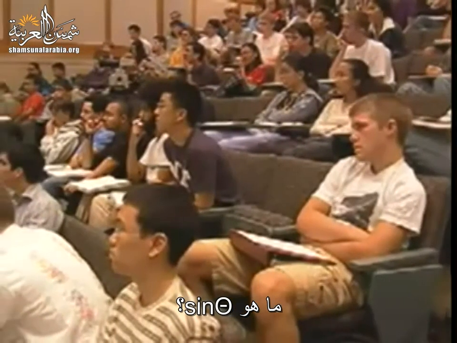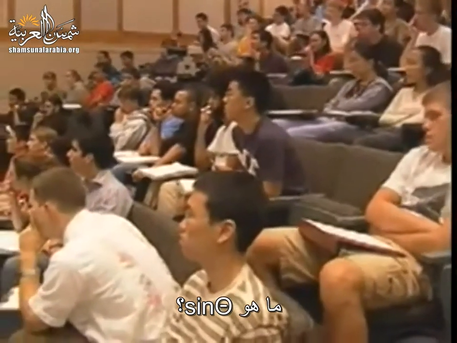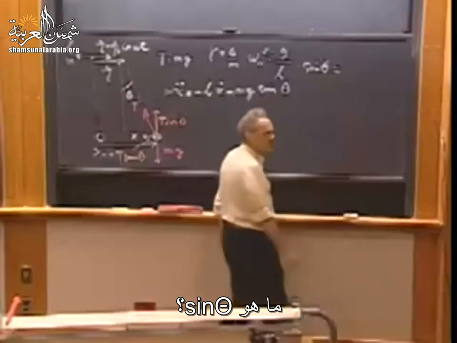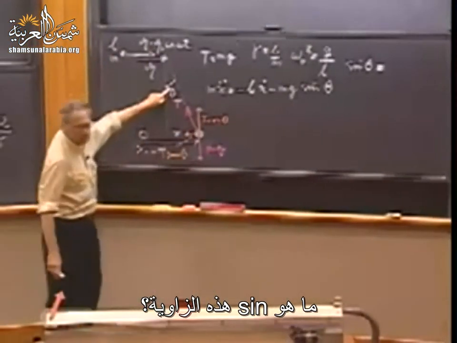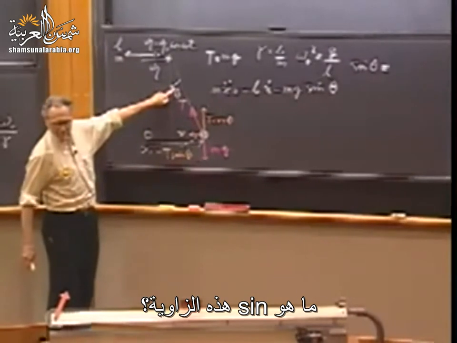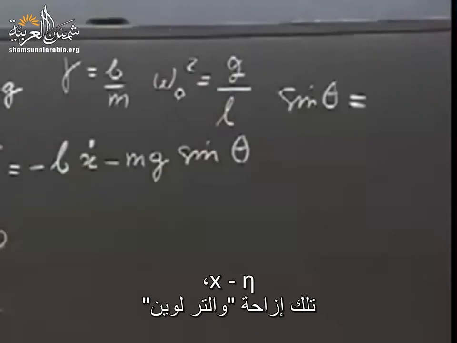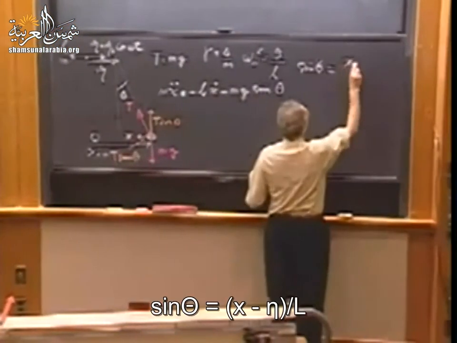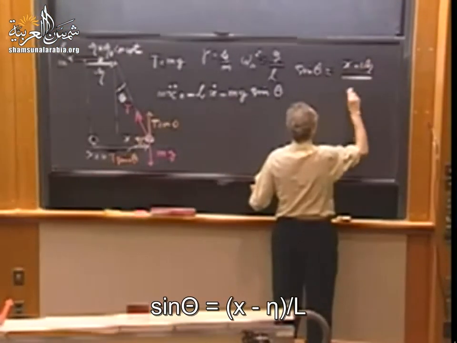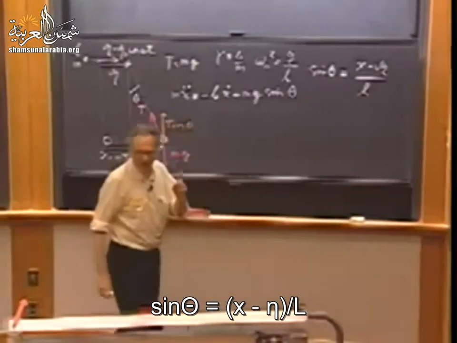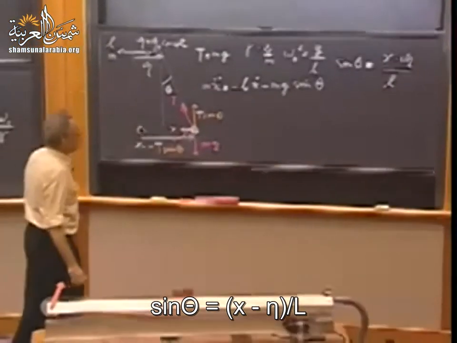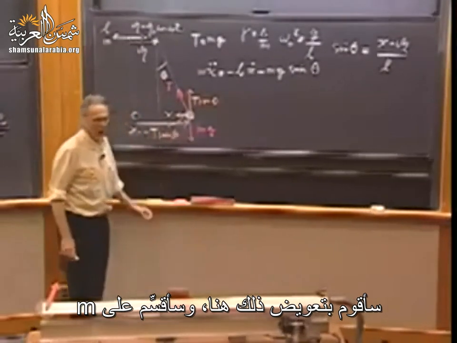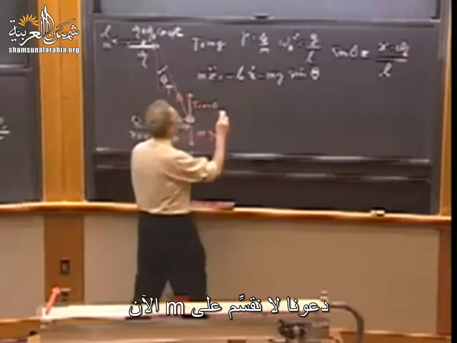What is the sine of theta? What is the sine of this angle? X minus eta. That's Walter Lewin. X minus eta divided by L. There I am. And so I'm going to substitute that in here, and I'm going to divide by m. No, let's not divide by m yet.